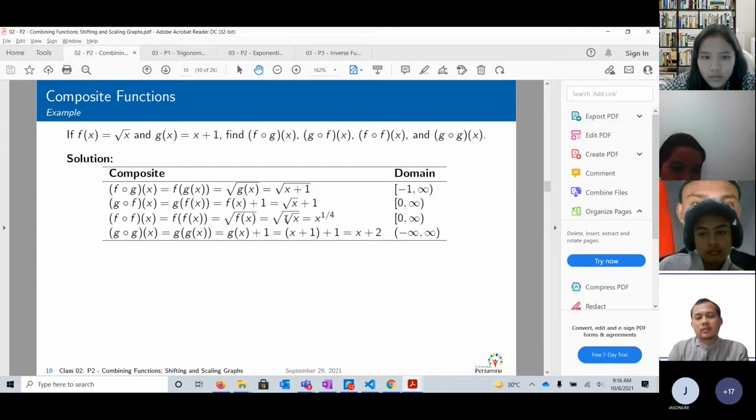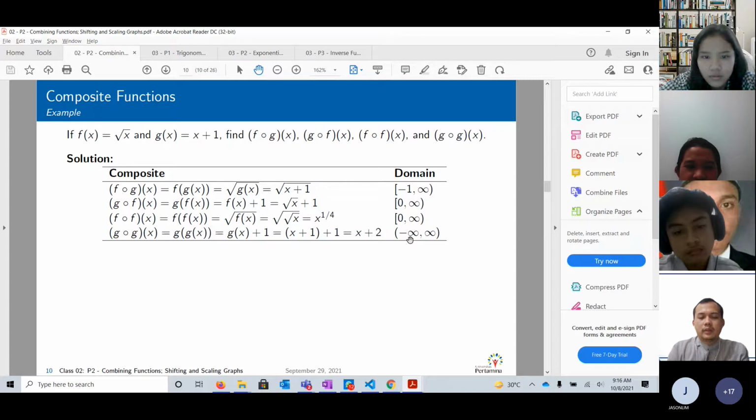Basically, since the range of square root of x is from 0 to infinity, we can use all the domain of f. For g composed with g, the domain is still the same, because x plus 2 is defined over the whole real numbers.